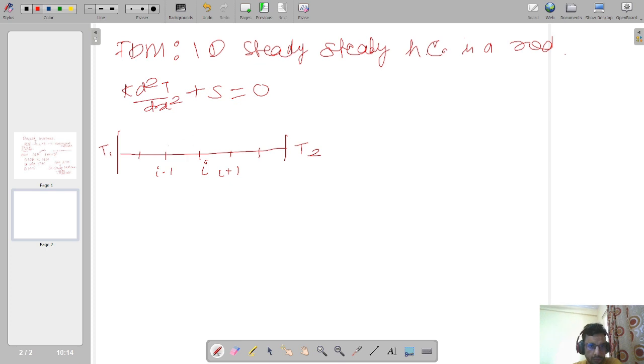The domain is divided uniformly, so we consider the distance between two neighboring points as delta x. All right, and this point is x, this point is x plus delta x, and this is x minus delta x. I am using the notations of i plus 1 and x plus delta x to keep things synchronized in the algorithm and the coding part, so it will be easy for us to understand.